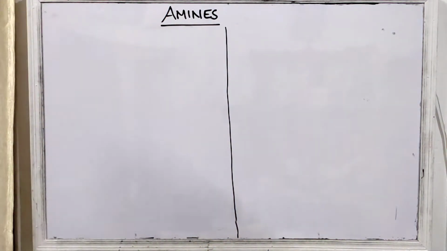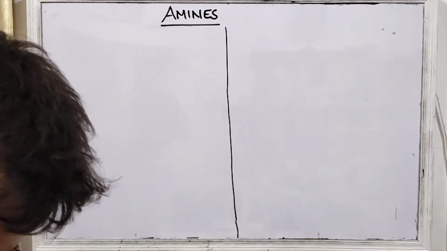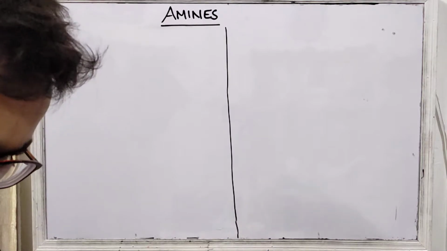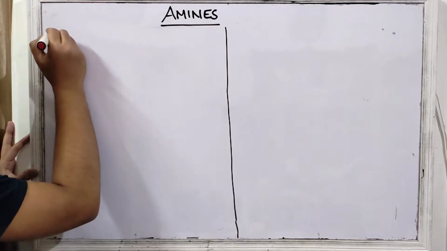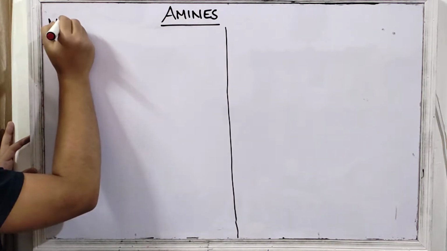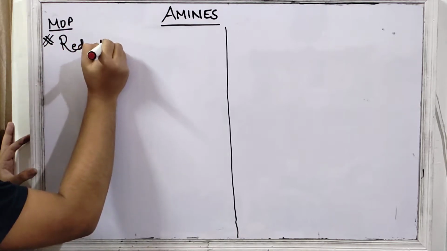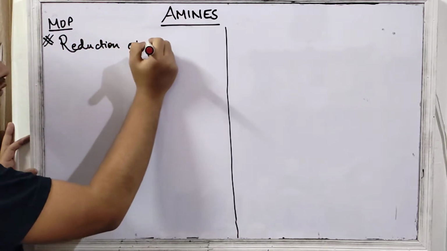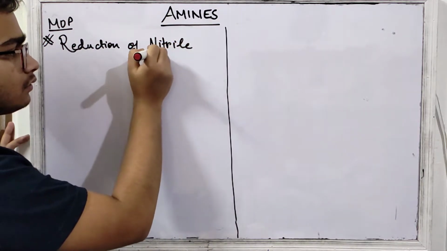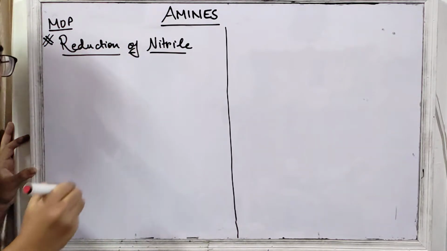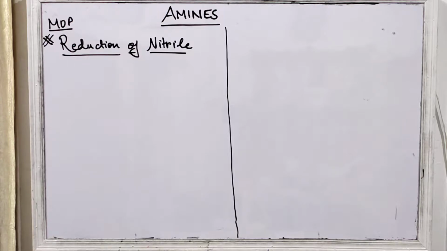The next method of preparation is from the reduction of nitrile. We know nitrile is RC triple bonded N. So give the heading next method of preparation, which is reduction of nitrile. Clear? So what is a nitrile? Nitrile is RC triple bonded N.